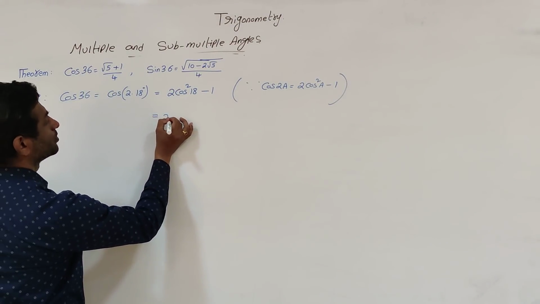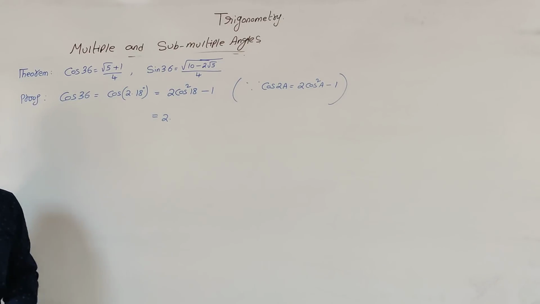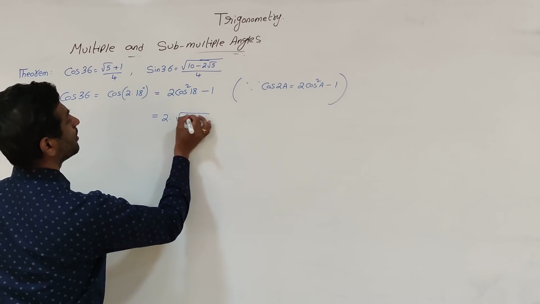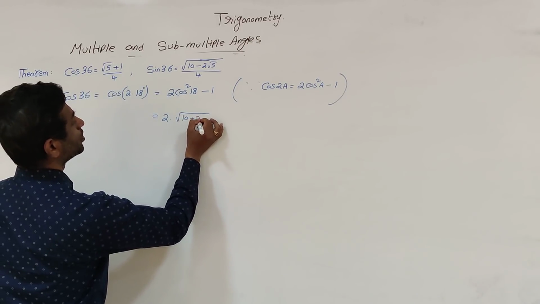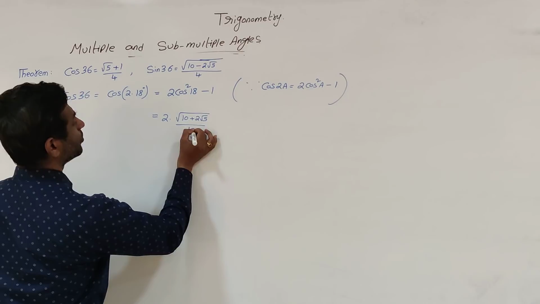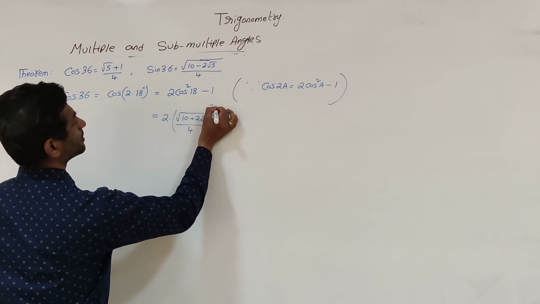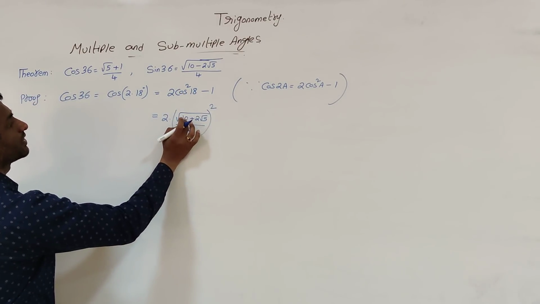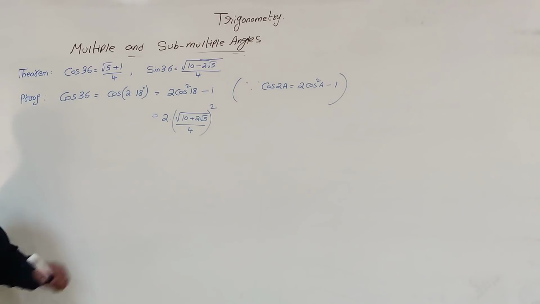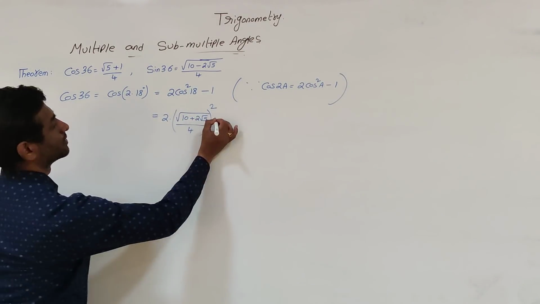Now 2 into, what is the cos 18 value? Cos 18 value is under root of (10 plus 2 root 5) by 4, whole square, minus 1.